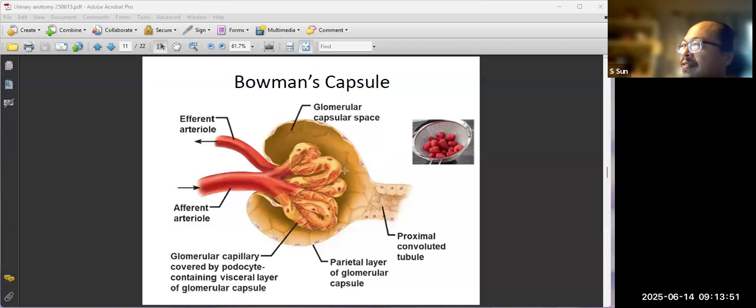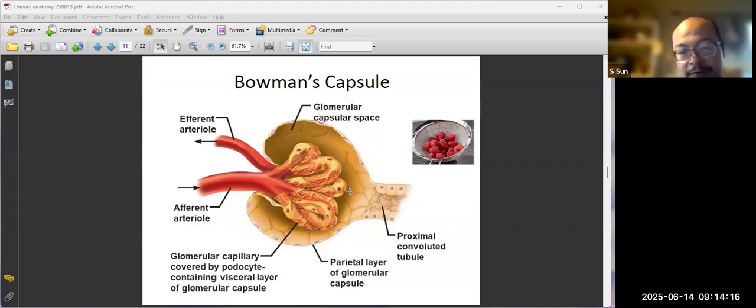This capillary is called the glomerulus, and it is very much like a strainer, so only very small things will get filtered through. What are the small things? Basically monomers, like glucose and amino acids. We learned about the molecules.